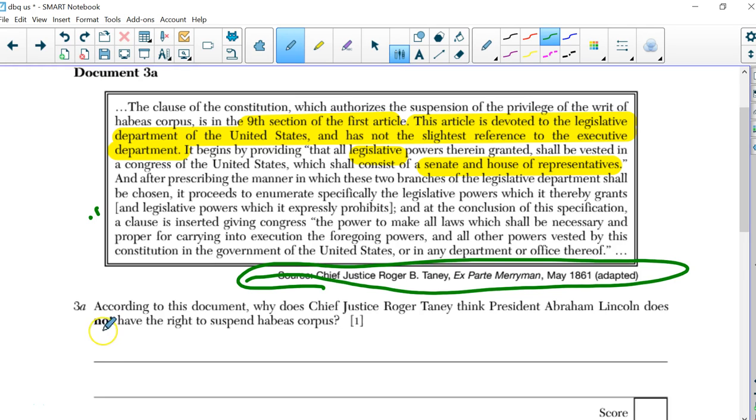Oh, you know what? Let me make it into a full sentence. Okay, where's my eraser? Let's just back up. There we go.